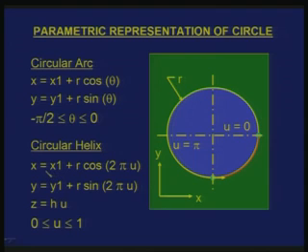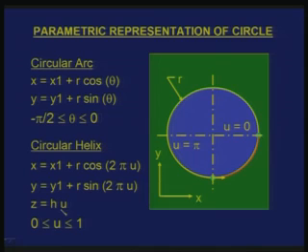I can extend the definition of a circle to a circular helix also, which is shown here. This is basically a helix which has an axis passing through the center, which is x1 and y1. Then it has the same radius as that of the circle which was shown earlier, and the only difference here is that as x and y change with the parameter u, the z value is also changing.